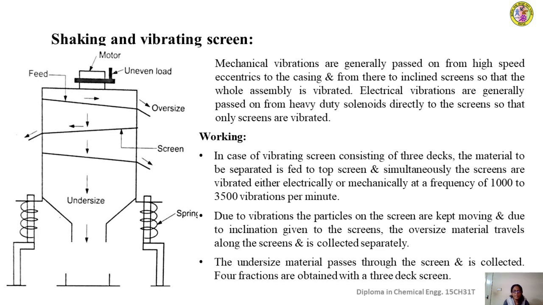In case where the mechanical vibrations are provided to the screen, the vibrating actions are passed on from high speed eccentrics to the casing usually, and from the casings the vibrations are passed on to the screens.